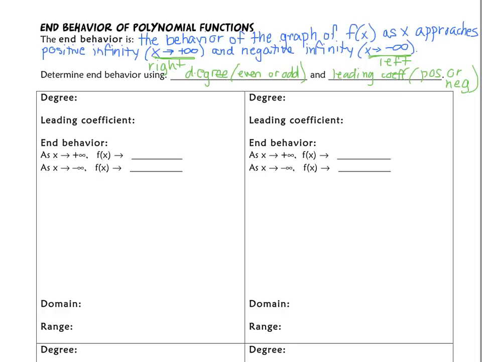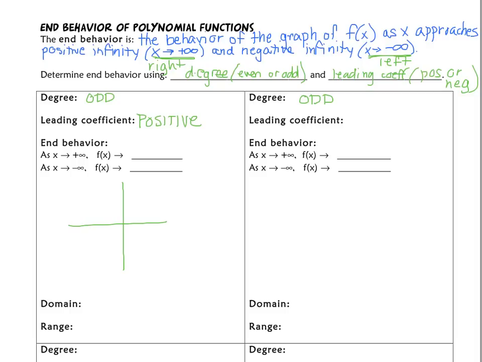So the first ones that we're going to talk about is if the degree is odd. Okay, for both of these. Now the first one, let's do a leading coefficient that is positive. The best way to remember this is think of, I'm just going to draw a coordinate plane here, the smallest odd degree function.